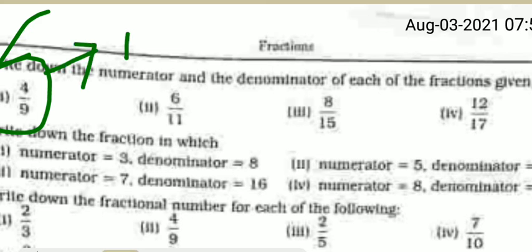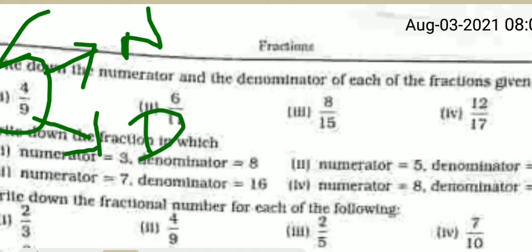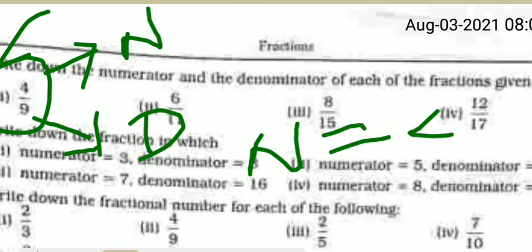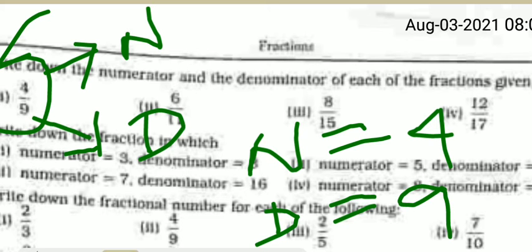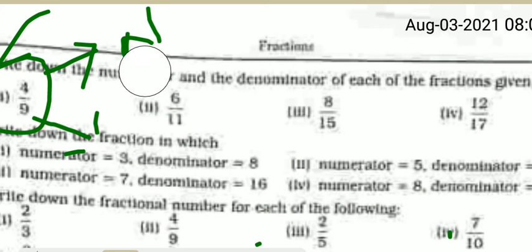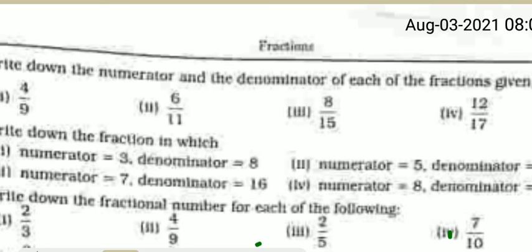So this one is called the numerator, and the lower side is 9, it is called the denominator. So you have to first copy the question and then write the numerator n is equal to 4 and denominator d is equal to 9. Clear? So this is the way that you have to solve. Similarly, number 2, here 6 by 11. So here numerator is 6 and denominator is 11. Okay.